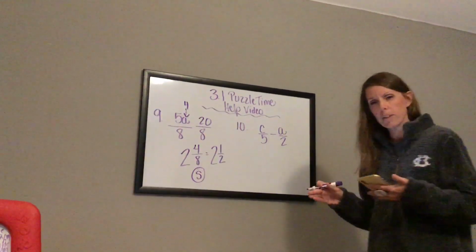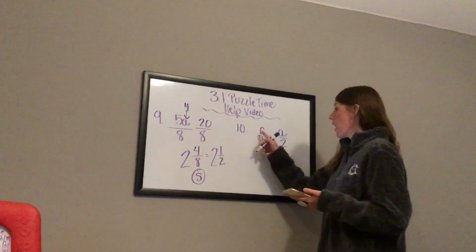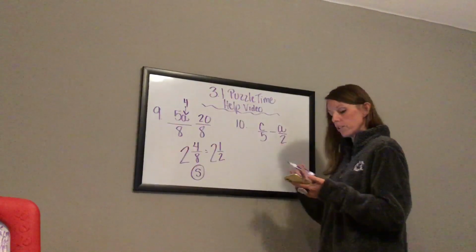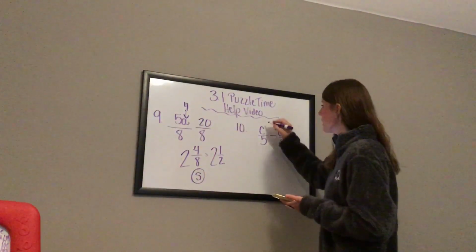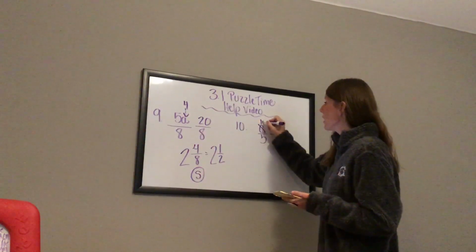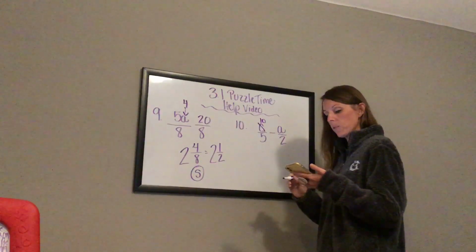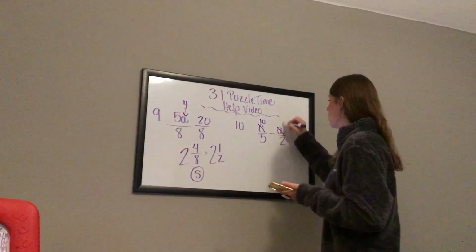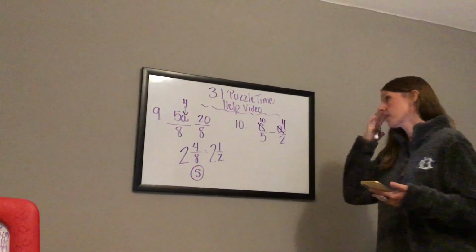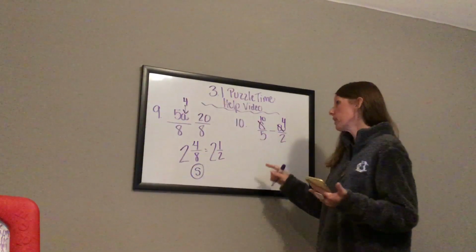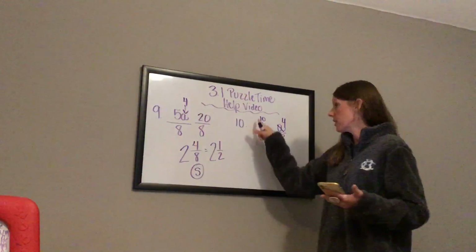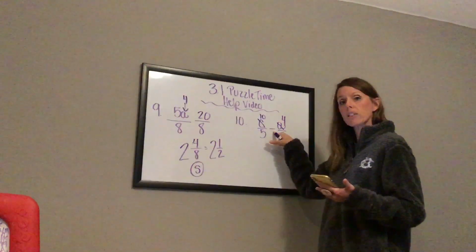This one looks tricky, but it's really not hard. So I have C over 5 minus A over 2. The value for C is 10, so I'm going to make this a 10. And the value for A is 4. Now, instead of looking at this and going, I don't know how to do it, remember, in PEMDAS, division comes before subtraction, right?